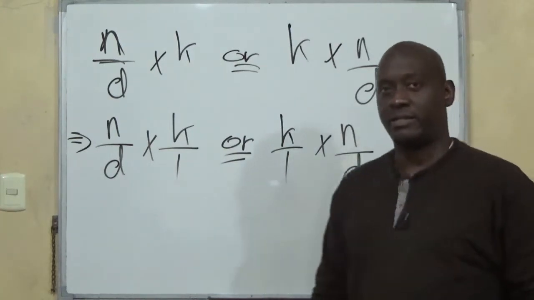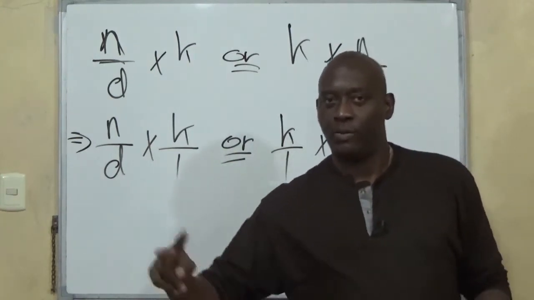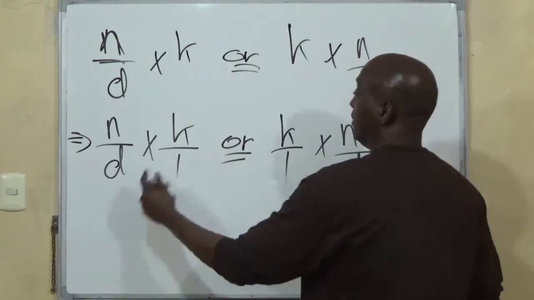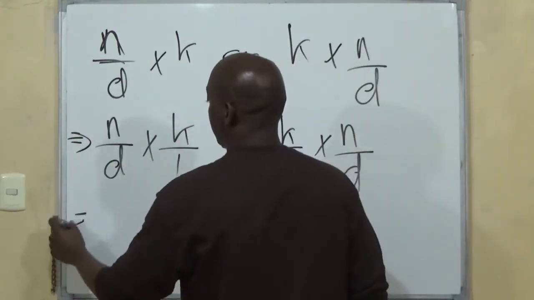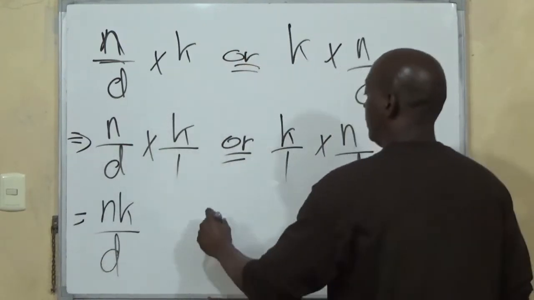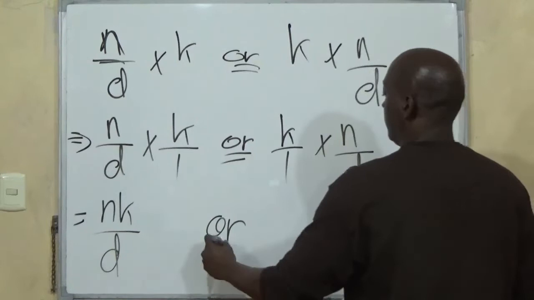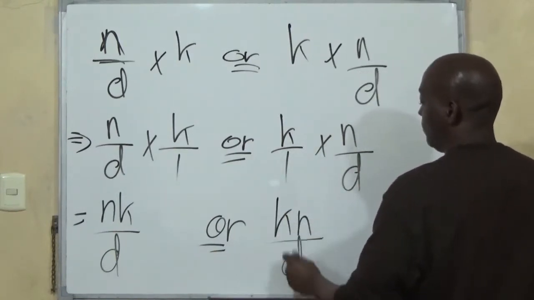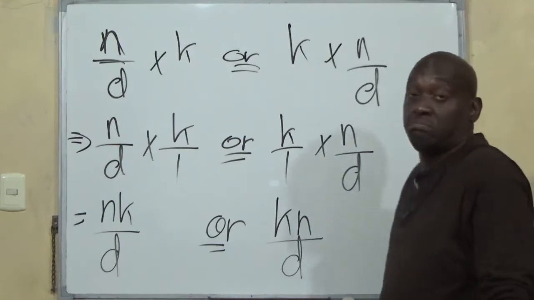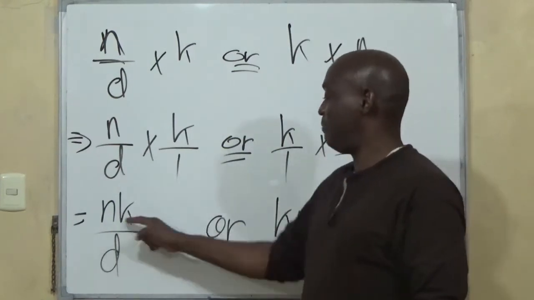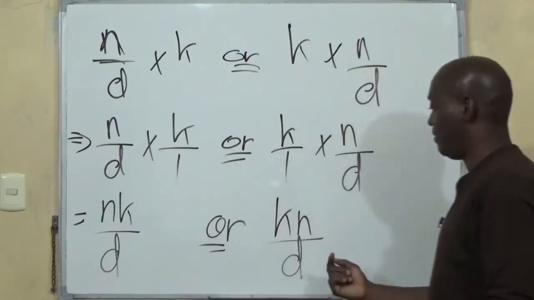And we already discussed what happens when you multiply two fractions by each other. So you have n by k over d, nk over d, or if the k was written first, you'll have kn over d. Same difference. Right? N by k over d, k by n over d.